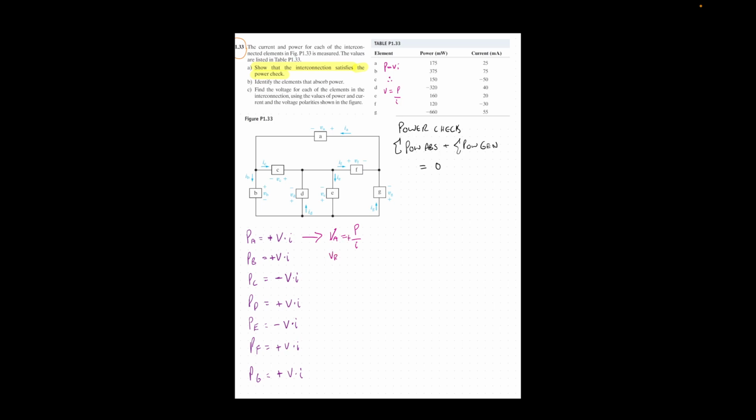My VB will equal a positive power value divided by I. My VC will equal my negative, from my passive sign convention, that's important, my negative power divided by my I. My VD will equal my positive P over I. My VE will equal, again, negative by passive sign convention.